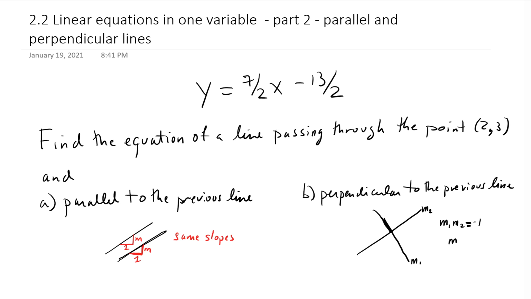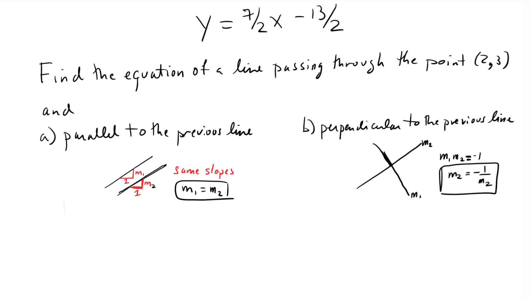So in other words, if you've got a given slope, the other slope is the negative of the reciprocal of the previous slope. So we're going to use these two principles here to get the equation of our line.